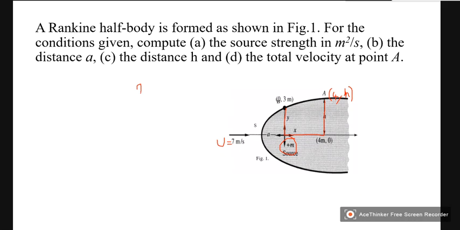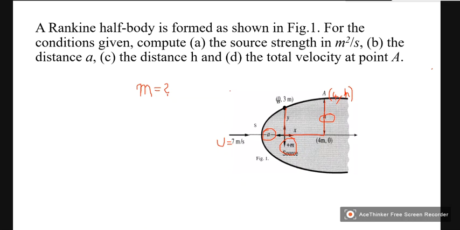So you are supposed to find M, and you are also required to find A and h.